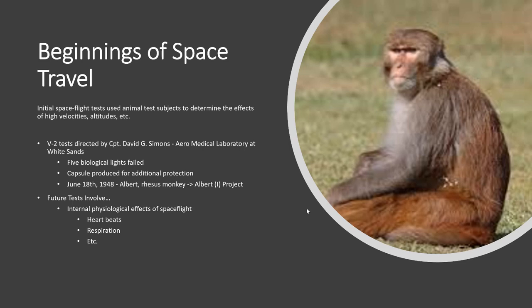And it's all thanks to the animal test subjects that were used, the mice, the rats, the monkeys, the dogs, the cats. I don't think they used cats, but the dogs, like Laika, in Sputnik 2. So thank those animals for giving their lives to science.